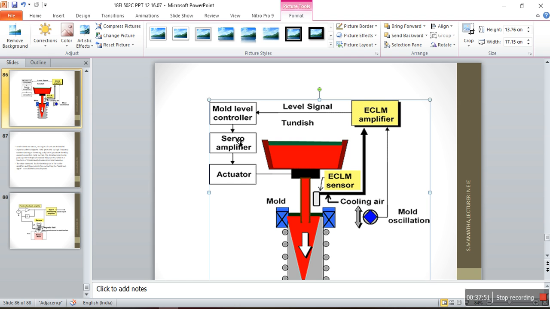The mold level controller moves the servo amplifier, which moves the actuator, and then the flow or level is controlled. This is the eddy current level measuring sensor, which can be used in the steel plant. This is about the different parameters measurement in the iron and steel plant.